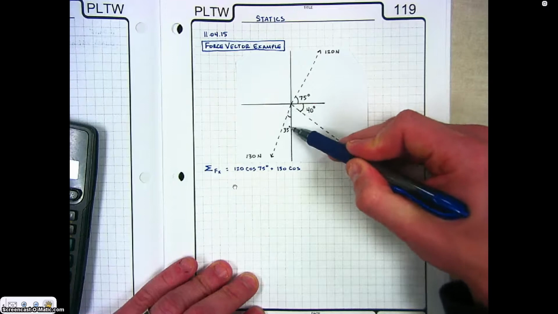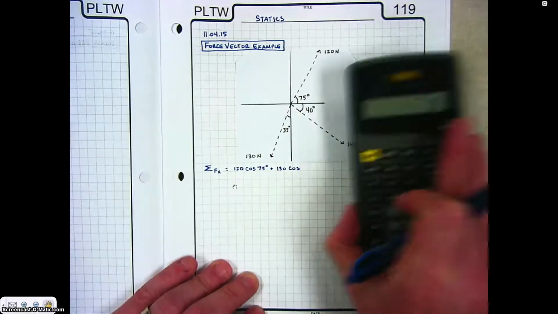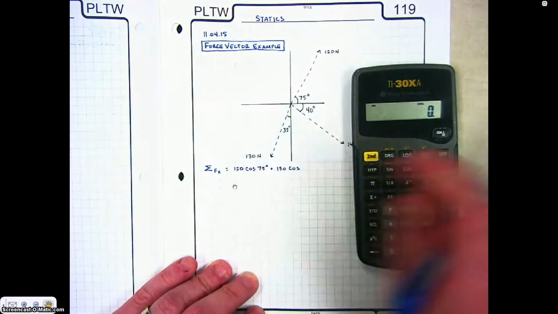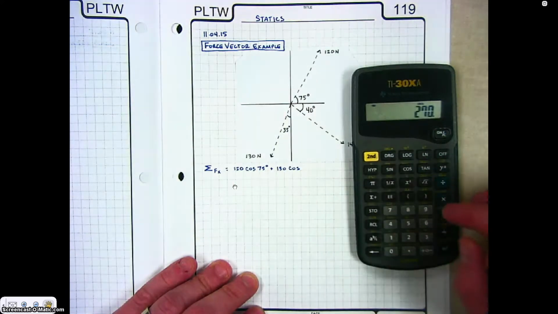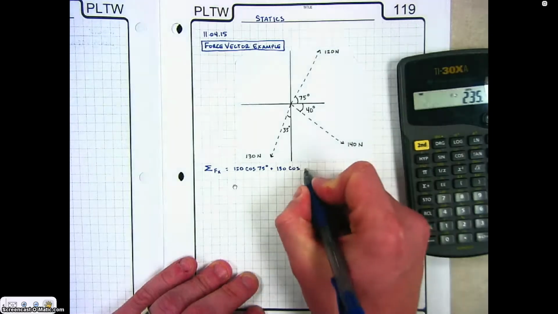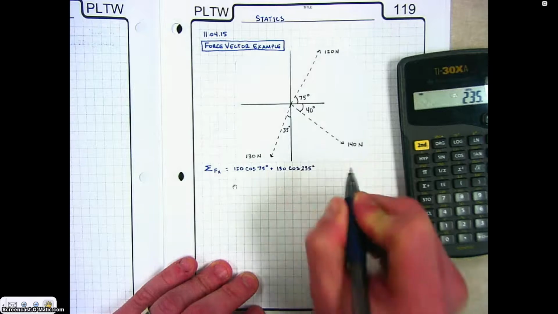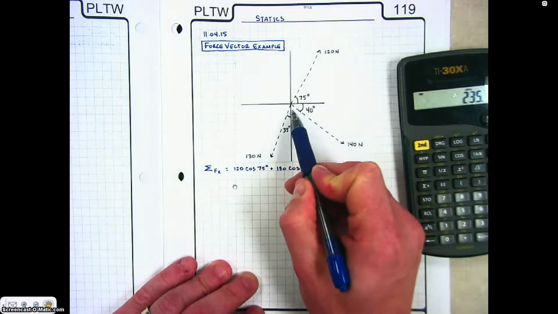I know that this vertical line is at 270 degrees, because 90 plus 90 equals 180, and plus another 90 equals 270. So if I take 270 and subtract 35 from it, I get 235 degrees. That's the angle I'm going to use, because the angles have to be measured from the same place.